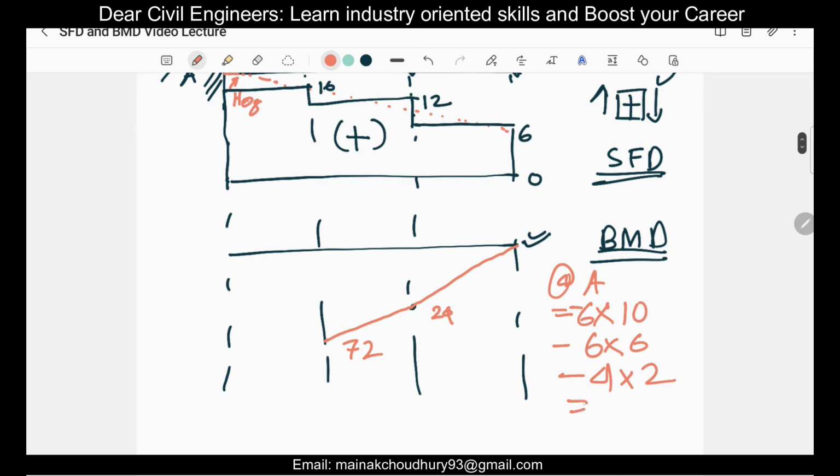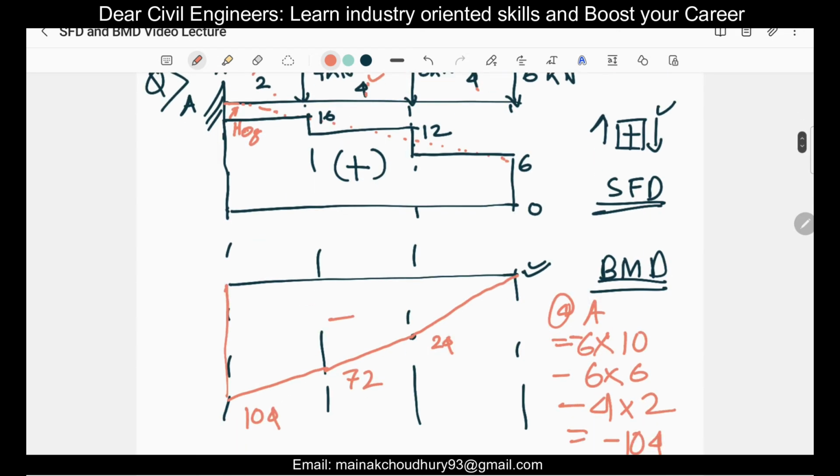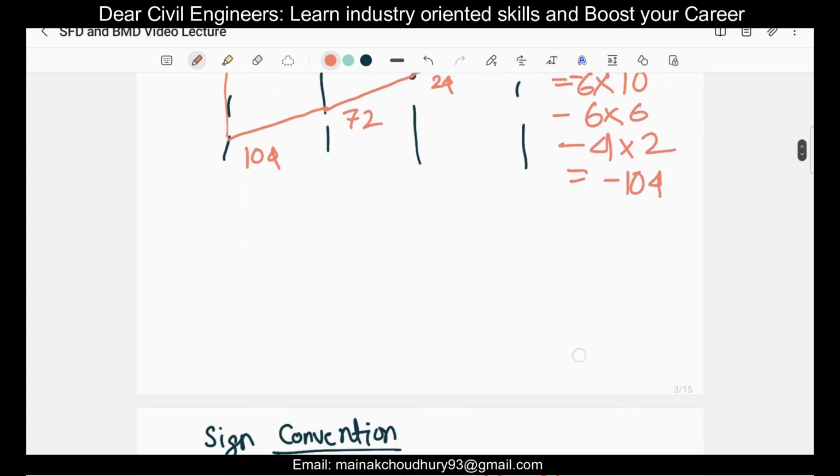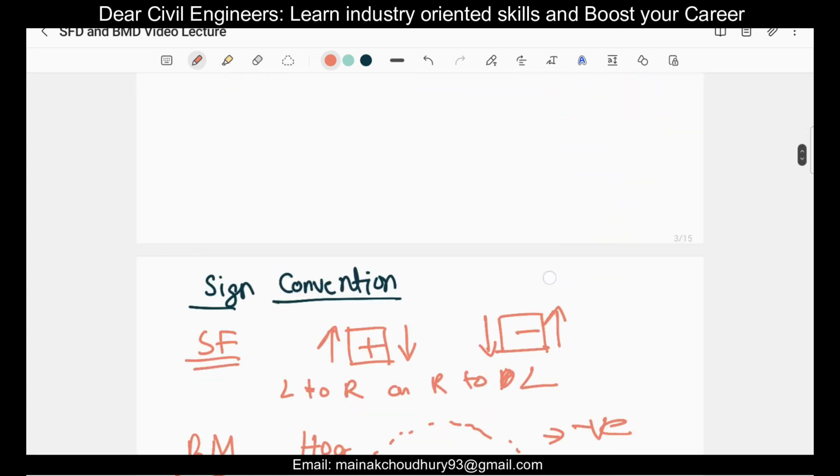If you do this sum, it will be minus 104. So this is 104 and it is negative. This is the basic shear force diagram.